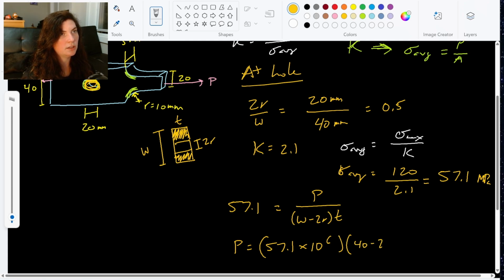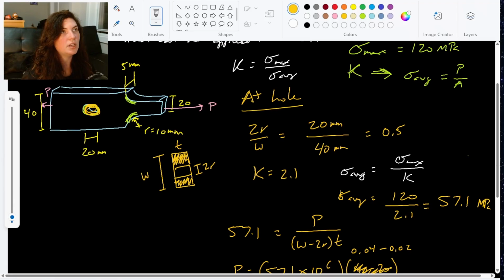So 40 minus 20, and that is in millimeters, so I should probably convert that, to be honest. I'm going to get my units all messy if I don't convert that. So 0.02, converting that to meters, and then the T thickness it gave me was 5 millimeters.